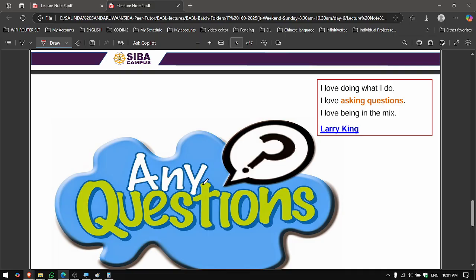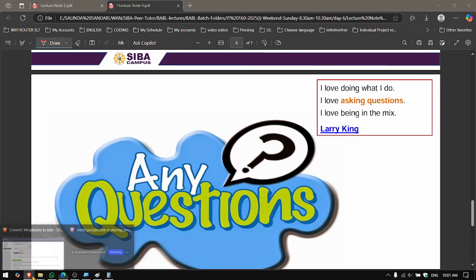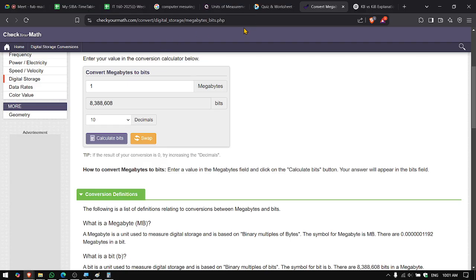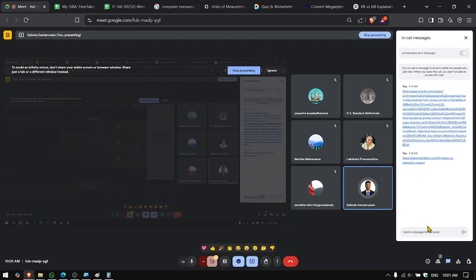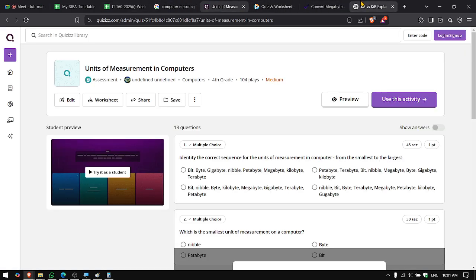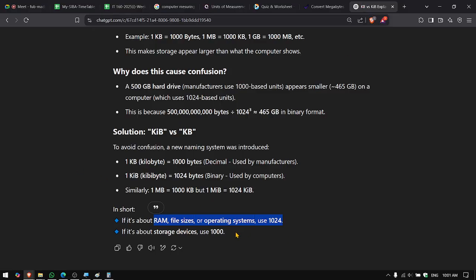Okay, so that's it for today. You can follow these links. I will add this one also to your Google chat, and you can also use the AI tools to clarify things. I have given you this explanation of how to convert, and there are two things.